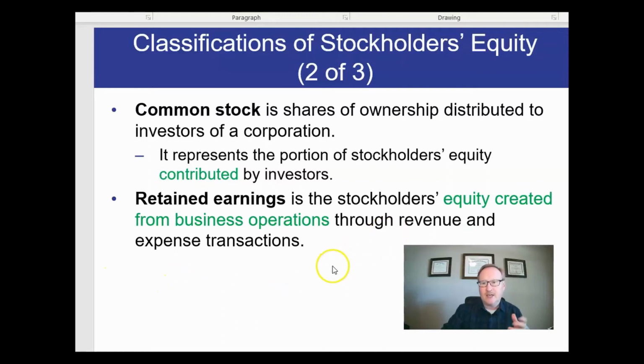So we're going to talk about transactions later, but the revenue and expenses that we just described: I've earned something and I had to spend some money to earn something, right? I had to buy the truck, I had to buy the lawnmower, I had to buy the chemicals to earn the revenue to do the mowing of the lawn or cleaning the swimming pools or sending the satellite in outer space. So retained earnings is that.